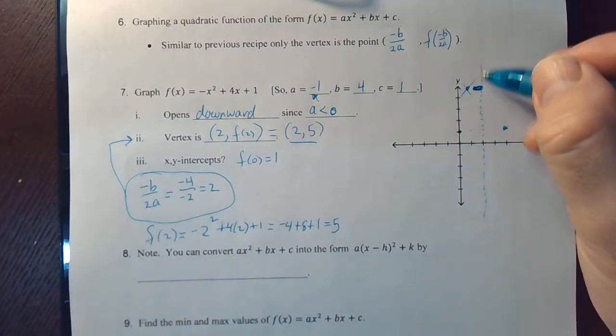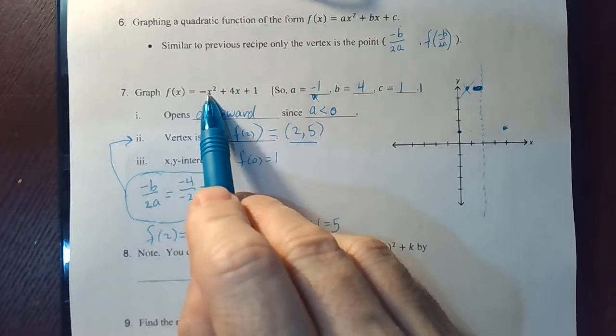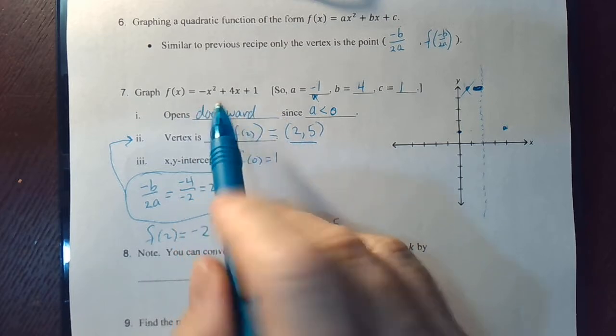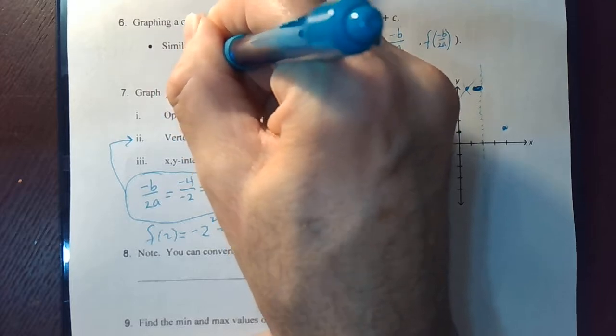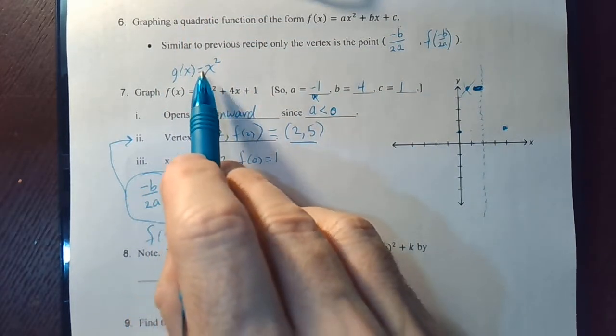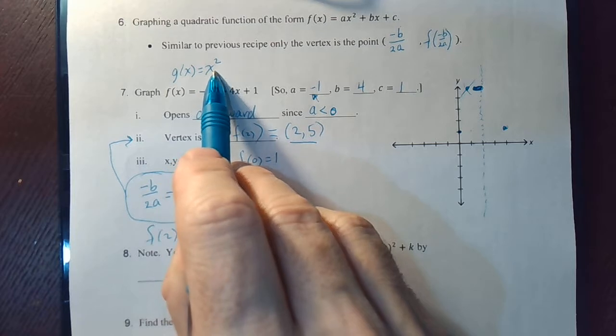I wanted to show you, how does the graph shape compare to g of x equals x squared? Well, notice the coefficient of this is a negative 1. The negative flips it downward, but it's exactly the same shape as this.